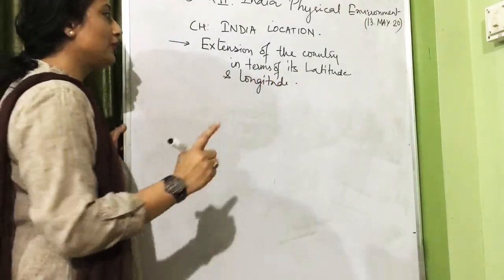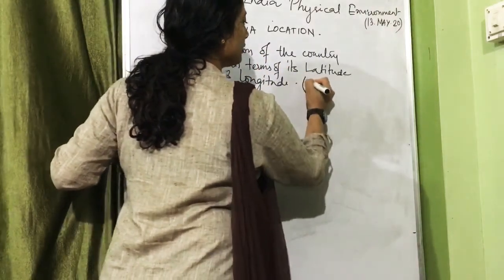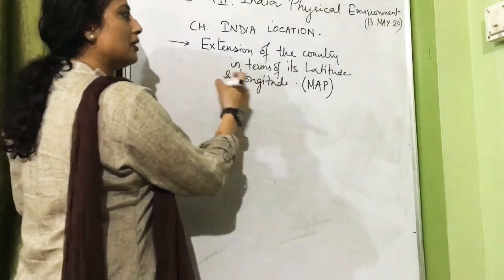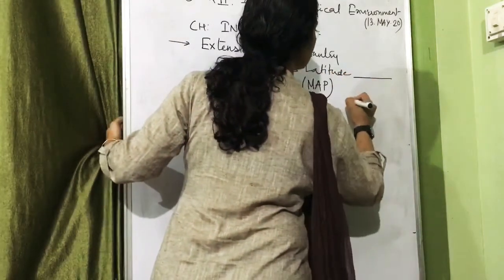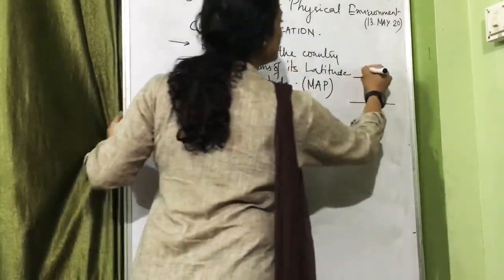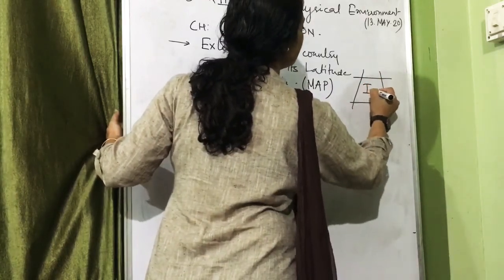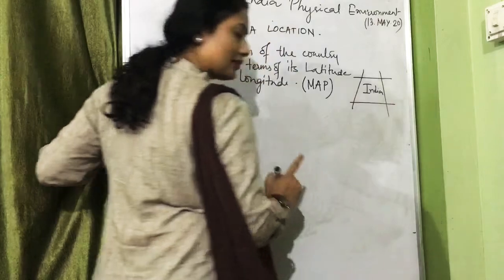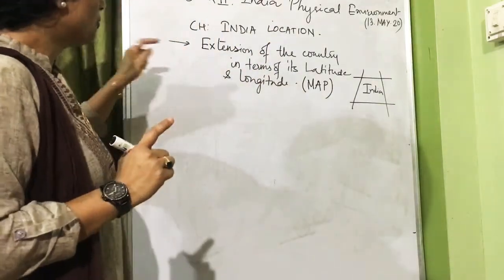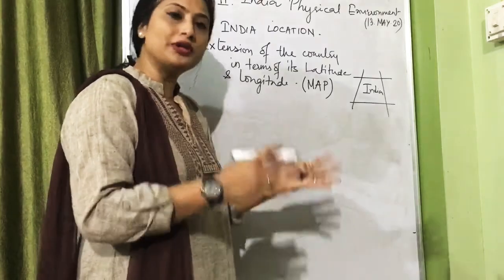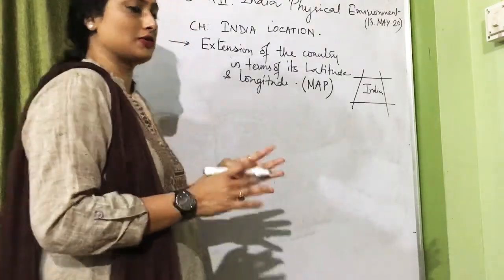Not only in theory, you also need to know it on the map. So you need to practice the map and show the latitudinal extent and the longitudinal extent between which our country, India, is located. That is the first thing you are going to study for your exam in this chapter, which I have already discussed in the first three classes.